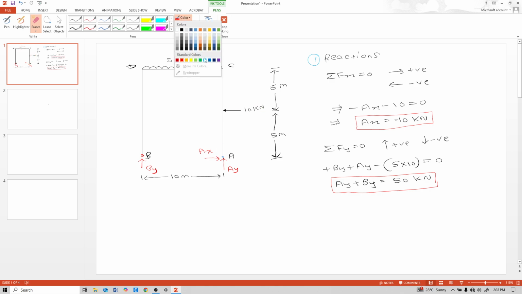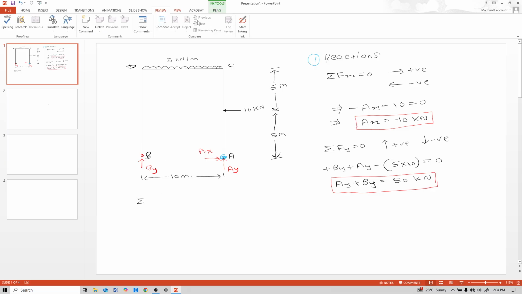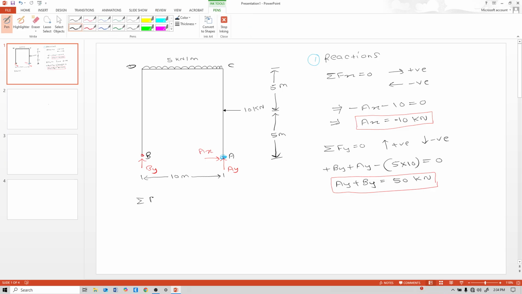So calculate moment here at this point. For that, summation of moment at A equal to 0, clockwise moment is positive and anti-clockwise is negative.